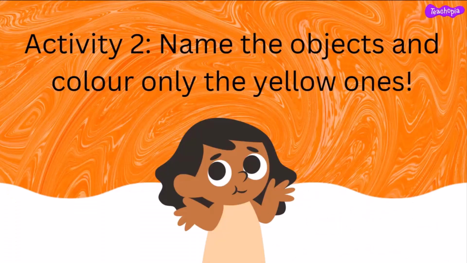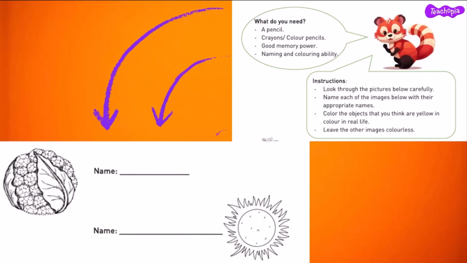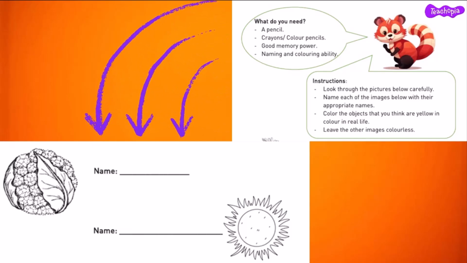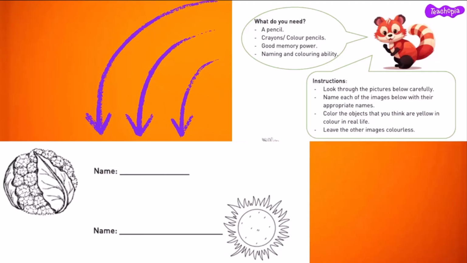Moving on to activity 2, name the objects and color only the yellow ones. For this, they need a pencil, crayons or color pencils, and a very good memory because they have to color the objects which are only yellow in color, and name the object which is yellow. To start off with, we have a cabbage, and our learners may say that the cabbage is green in color, which is true.